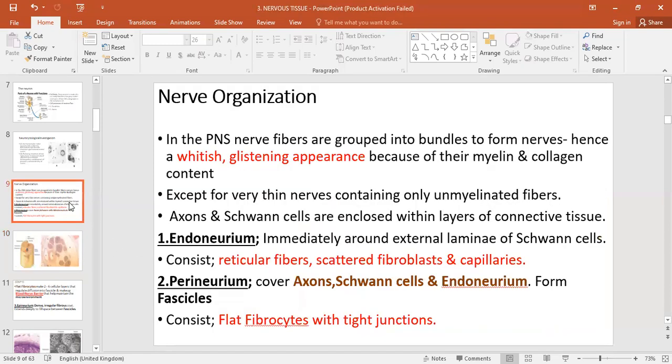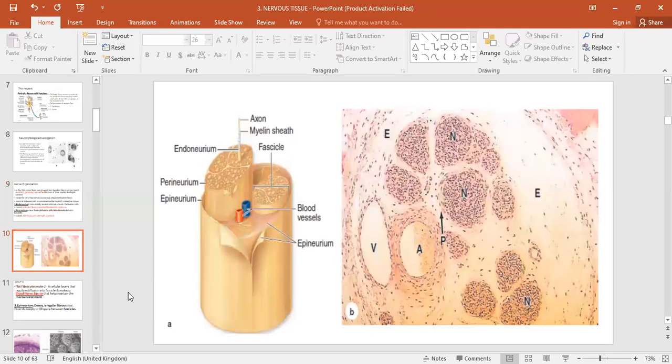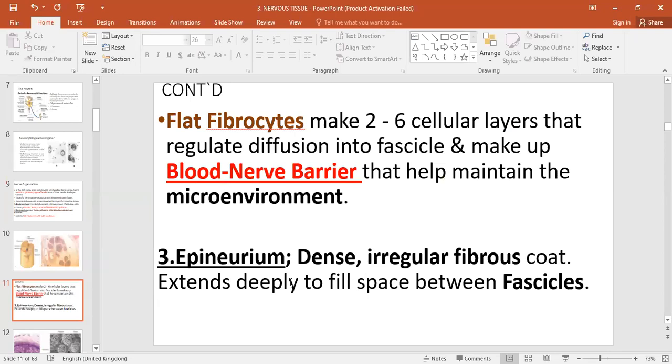Okay, so this is where we are. I've explained what endoneurium is. It covers axons. Perineurium covers the fascicle. Then finally, epineurium covers the whole nerve now.